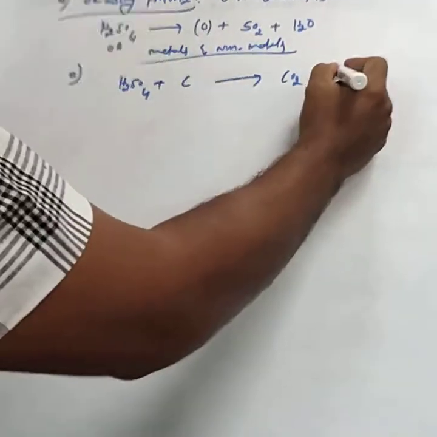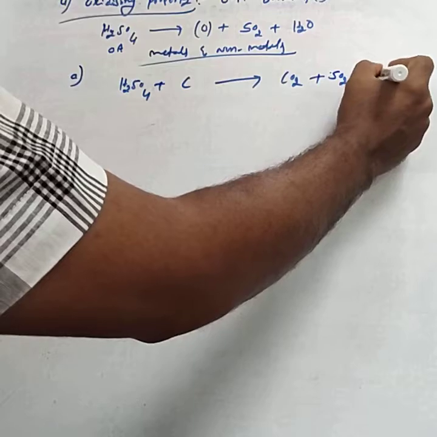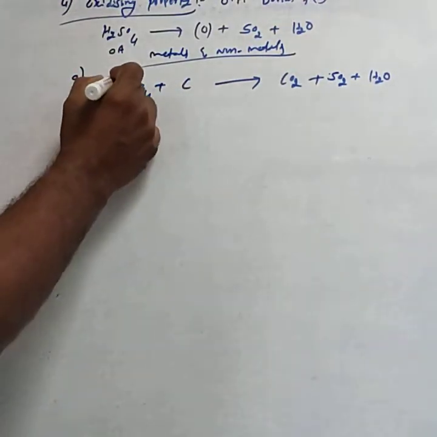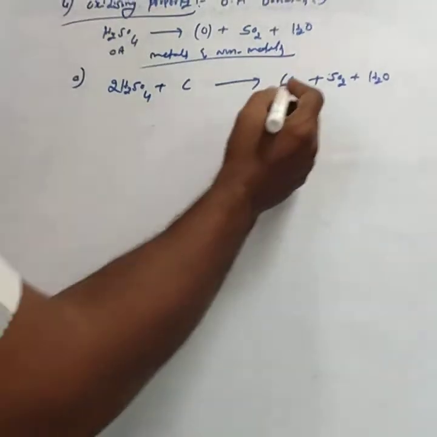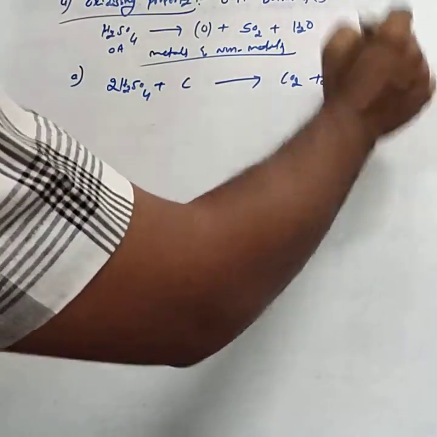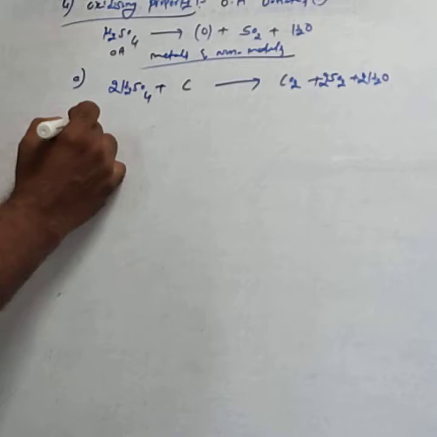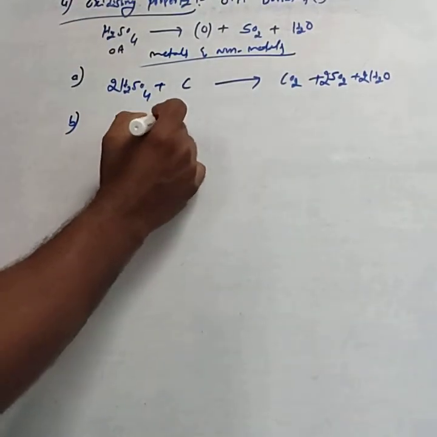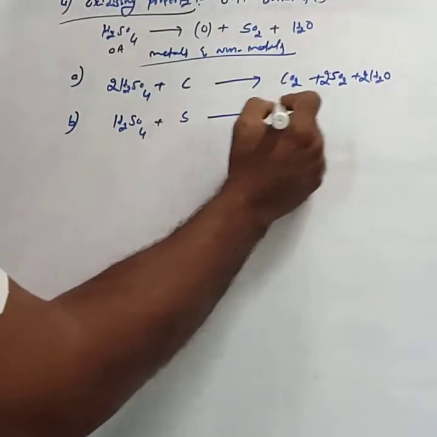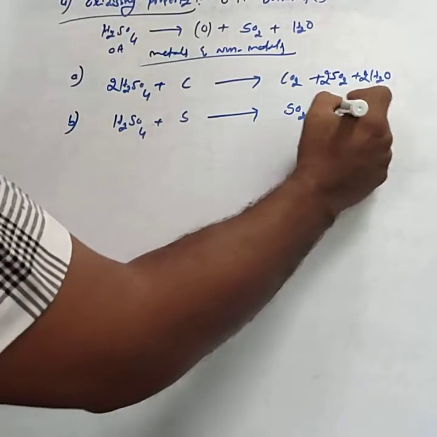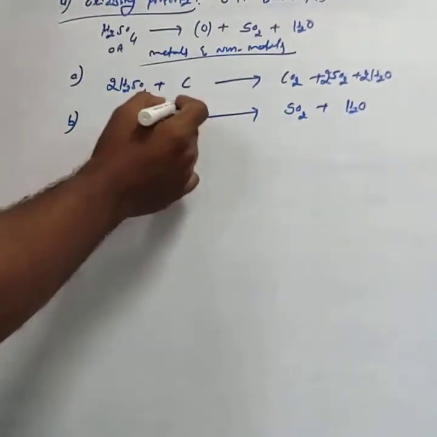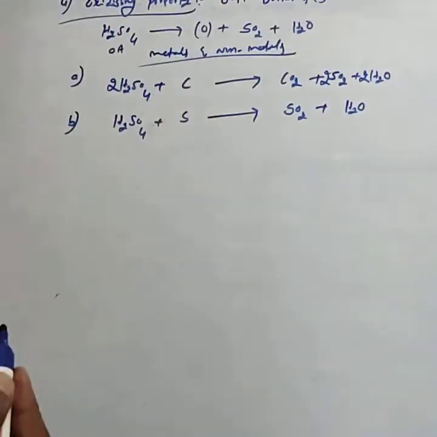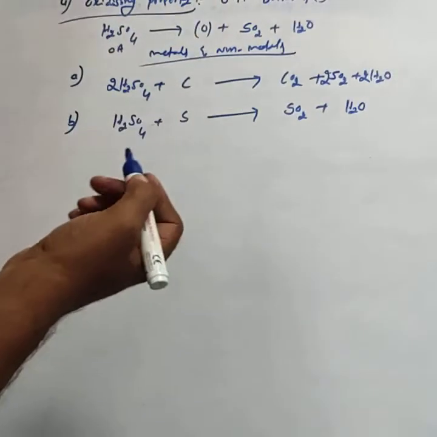Sulfuric acid is reduced to sulfur dioxide, liberating water. You have to balance this reaction: C plus 2H2SO4 gives CO2 plus 2SO2 plus 2H2O. The other reaction is sulfur. Sulfuric acid oxidizes sulfur into sulfur dioxide plus water. Sulfur is oxidized to sulfur dioxide and sulfuric acid is reduced to sulfur dioxide. In both cases, we get sulfur dioxide.